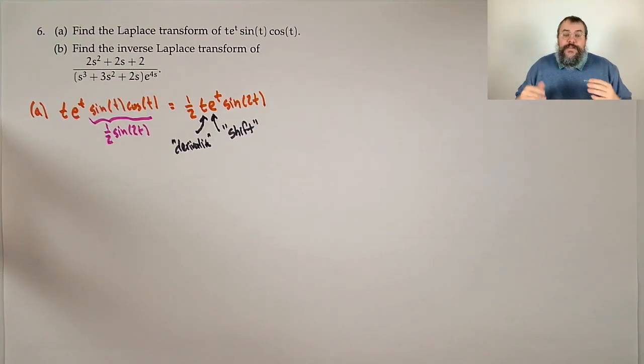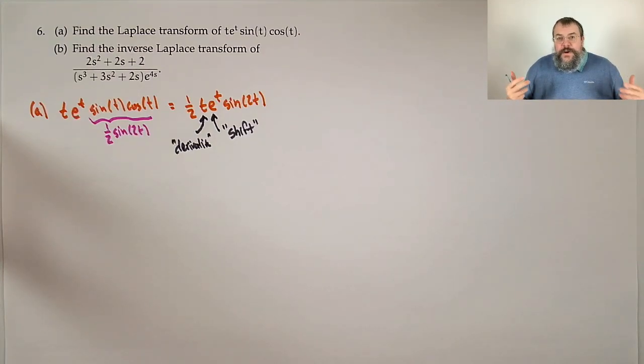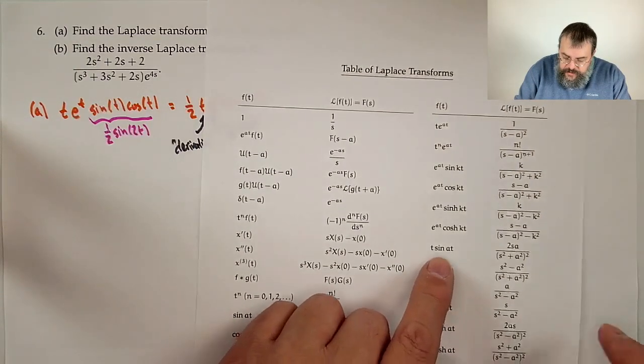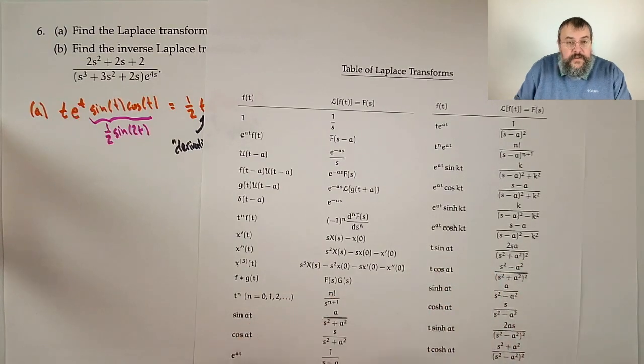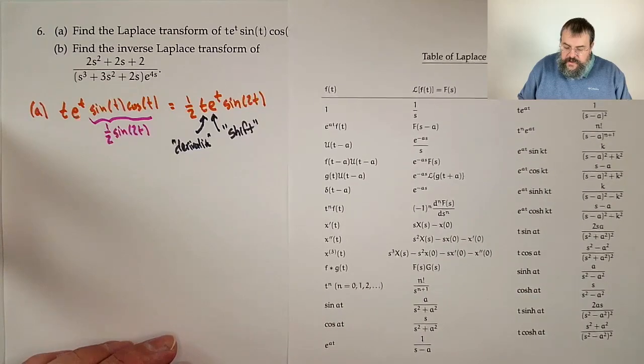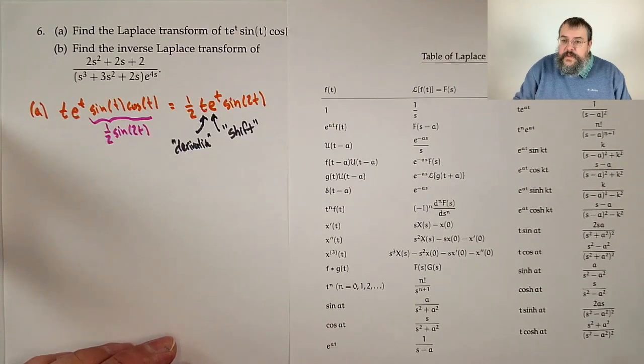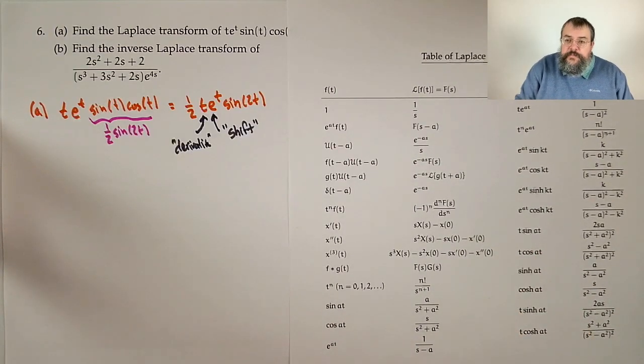There are lots of ways, in fact multiple ways to do this. For me, I would say try to keep things simple, and I think shifting is probably going to be slightly easier than derivatives. Because we know how to do t sine at, that's on our list. It's good to be familiar with your list.